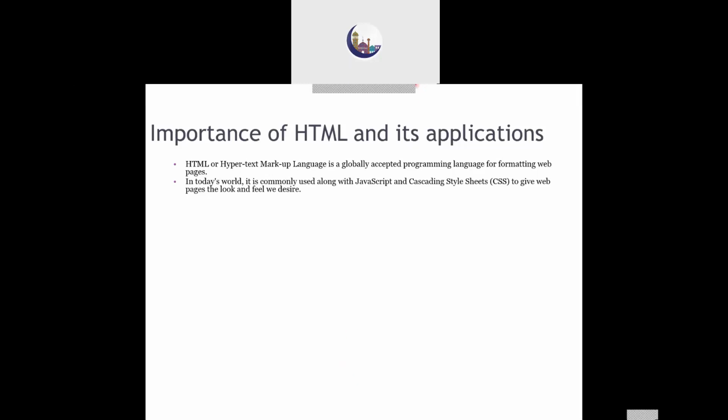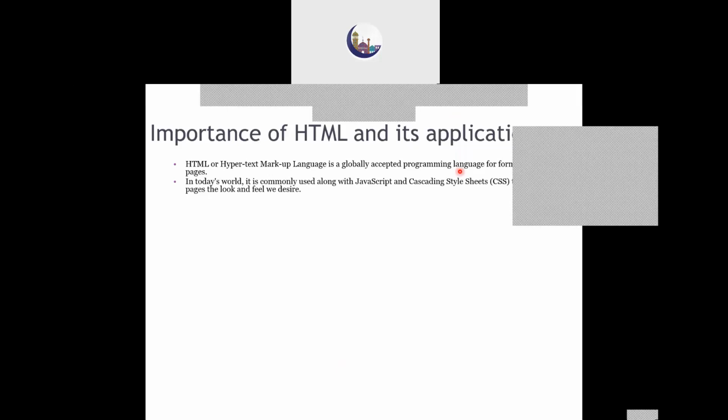Now, is HTML only meant for developing web pages? Are there any other uses of it? Yes, there are. HTML is not just meant for web development. It's a language which will interact with the web browser and make the web browser display certain output for us.